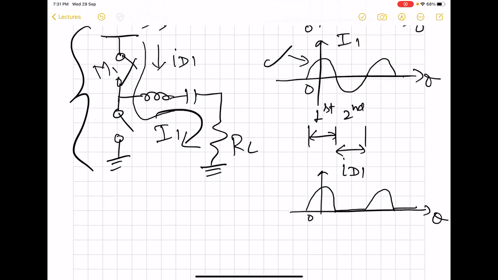Now during the second half, what will happen is that the second switch will close, right? And so now this I1 must flow through this M2.